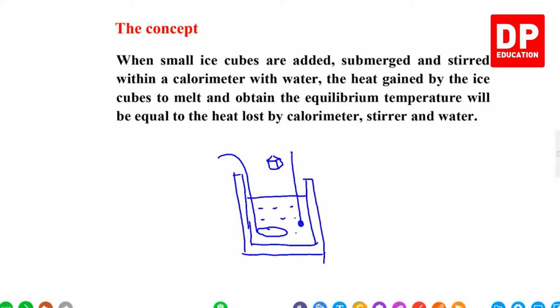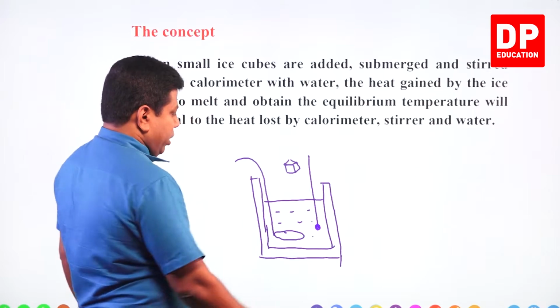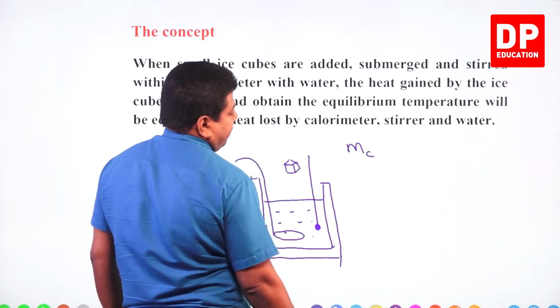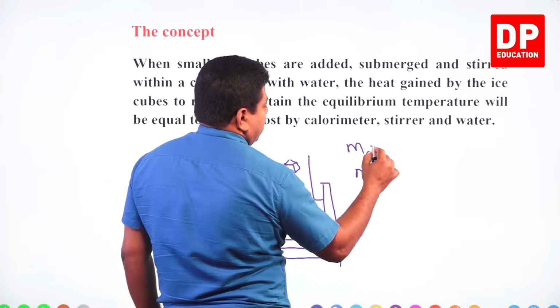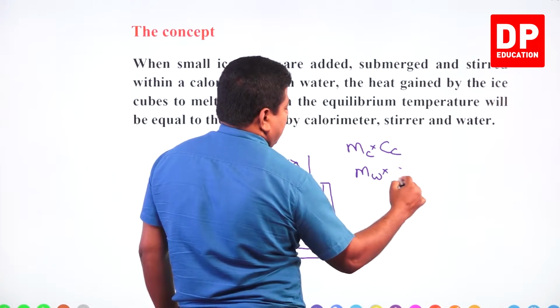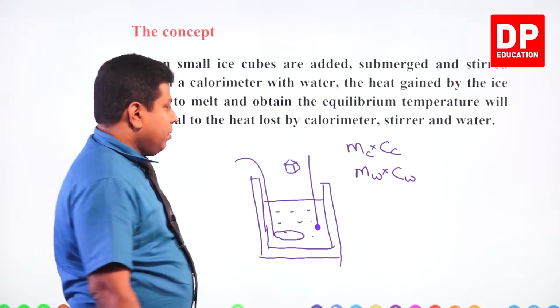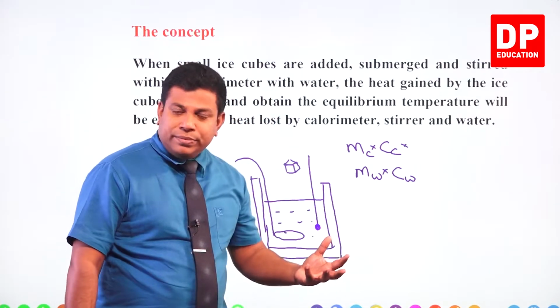Initially you measure the temperature, right? So you have calorimeter and stirrer, let's say the mass is m_c. Then you add some water, let's say the mass is m_w. c_c, c_w, that's the specific heat capacity, multiplied by the initial temperature of this.